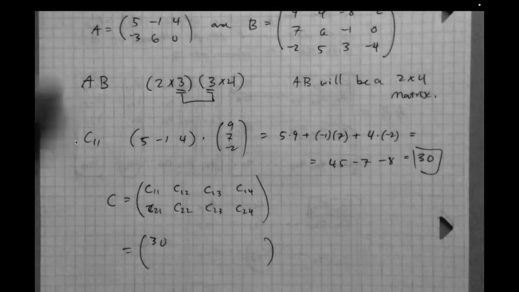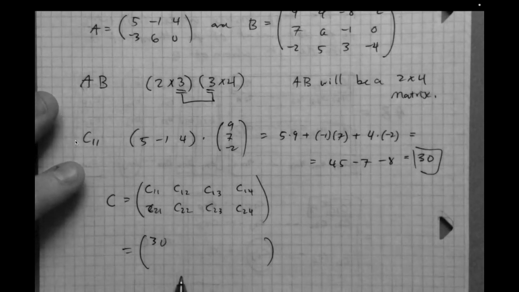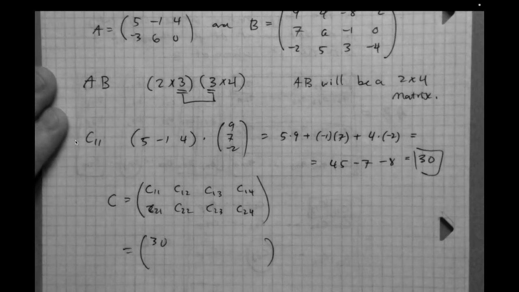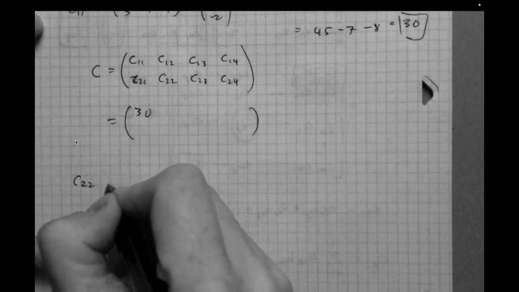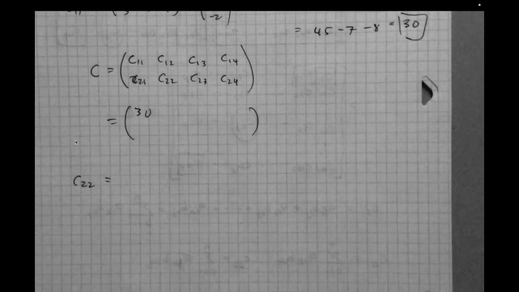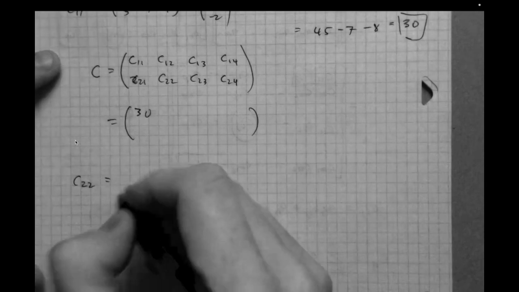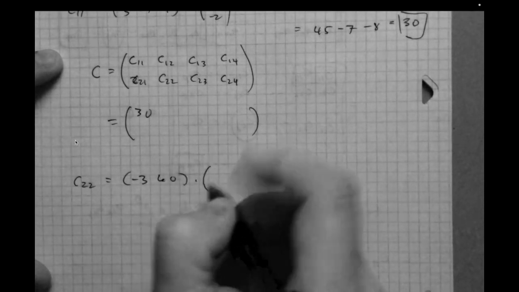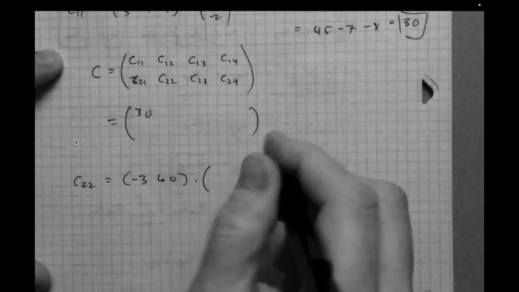What about C22, for example? C22 is going to be the dot product of the second row of A and the second column of B. So that is -3, 6, 0 dotted with 4, 6, 5.